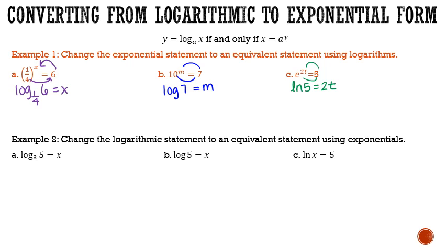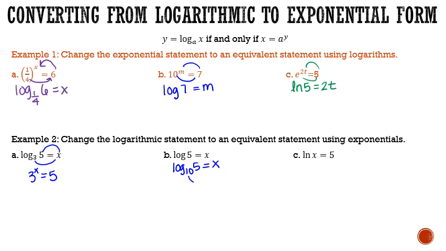Now let's do the opposite. Let's change from the logarithmic statement to an equivalent statement using exponentials. Okay, so the base here is 3, so 3 to the x equals 5. When the base isn't written, remember that's an implied base 10. So I'm going to just rewrite that so you can see that.